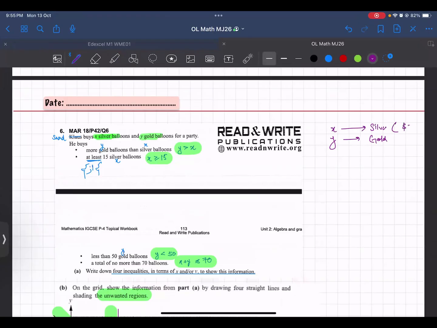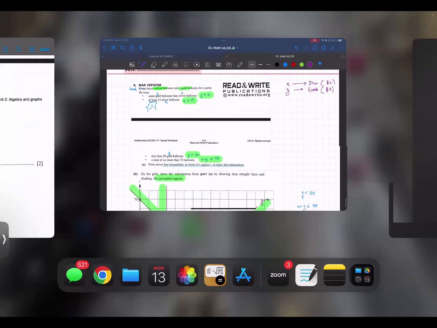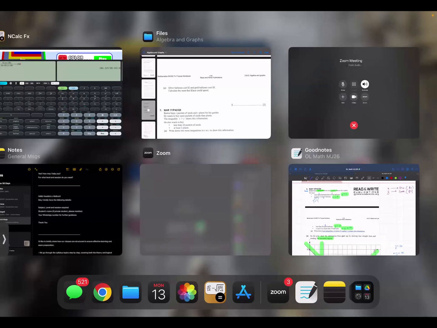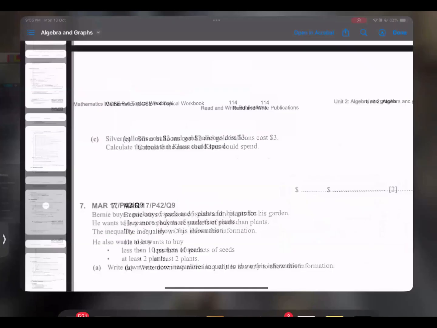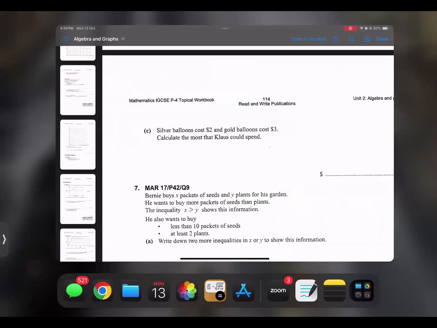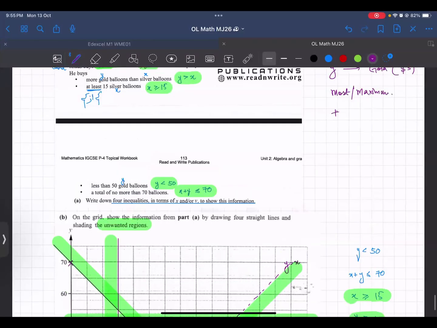So silver is $2 and gold is $3. They're asking you to find the maximum cost, the maximum that Saad could spend.